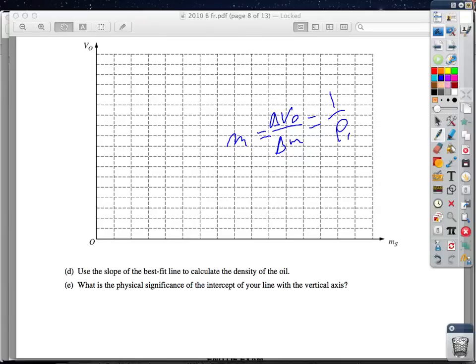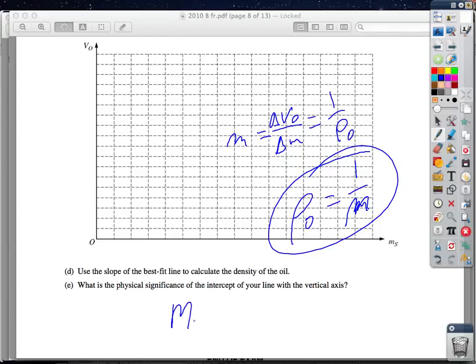So that's fine. We're right. So the density of the oil is 1 over the slope. Right? And then what's the physical significance of the intercept? The significance of the intercept is that's the mass of the cup.